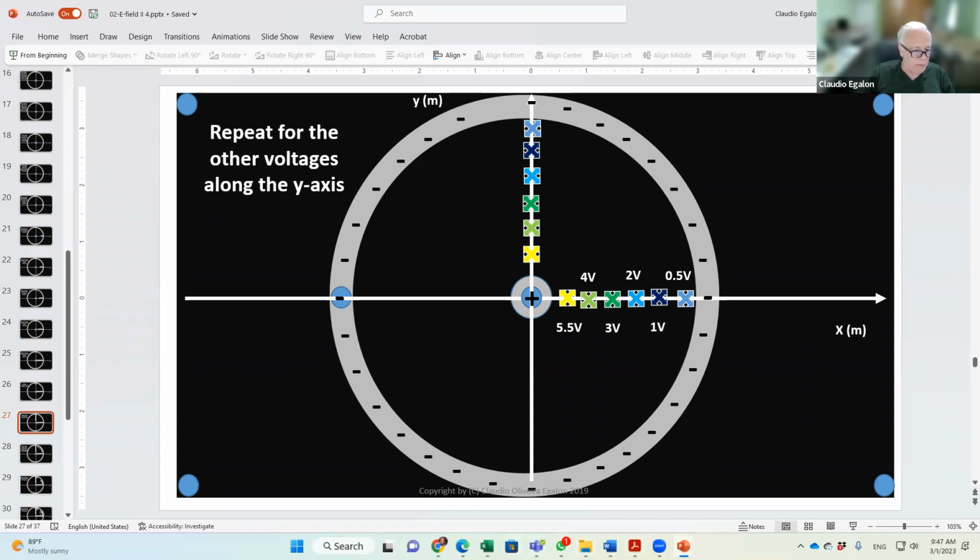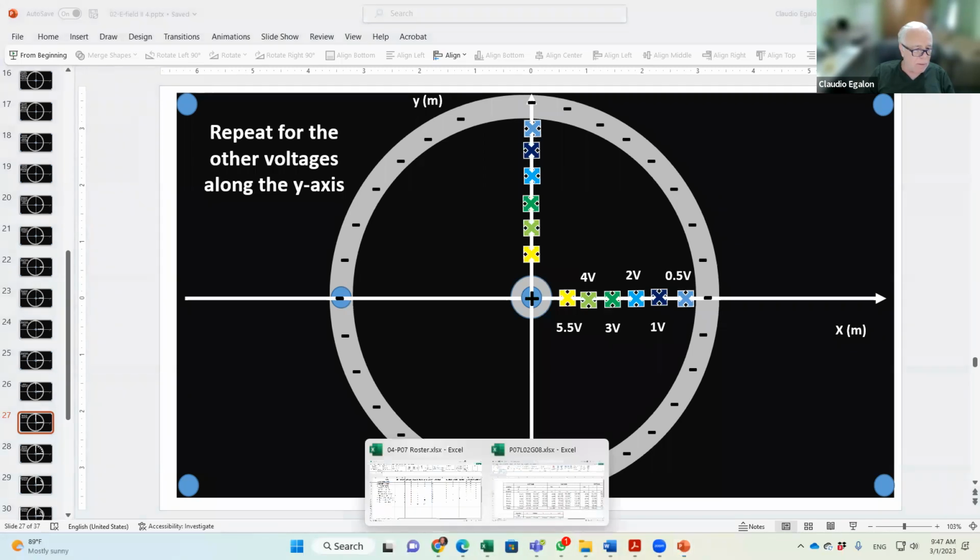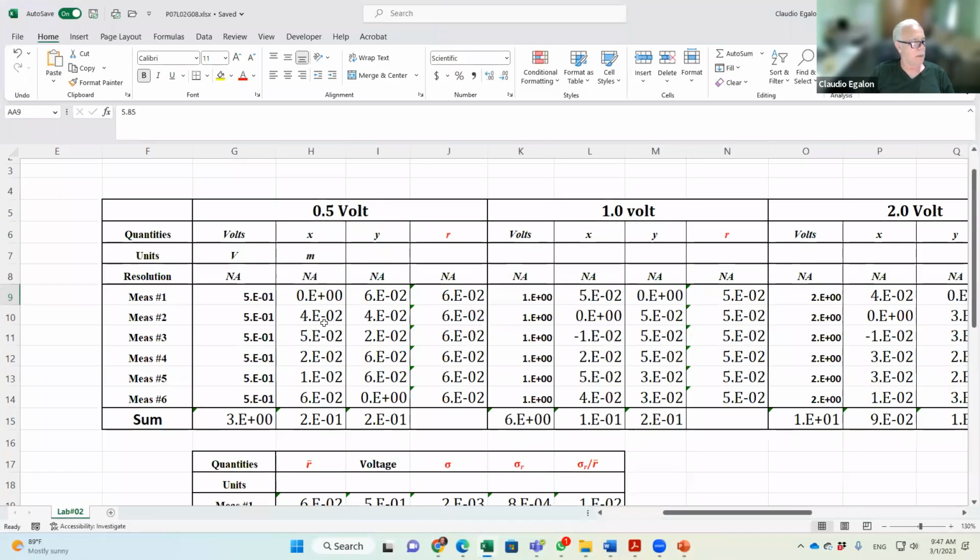Let's take a look at our spreadsheet now. Here you go. Oh, here are some of the points, right?